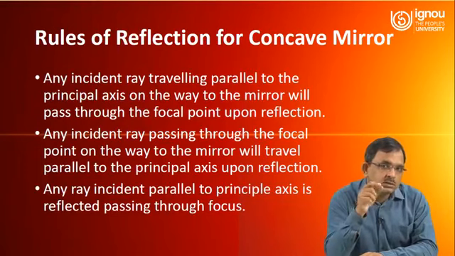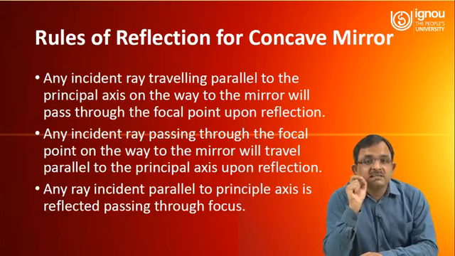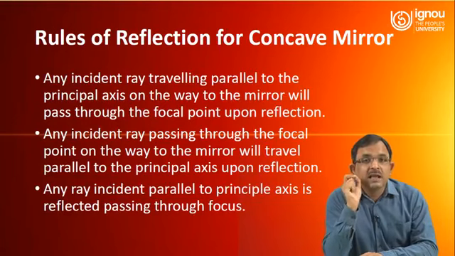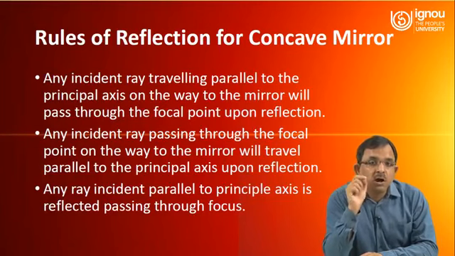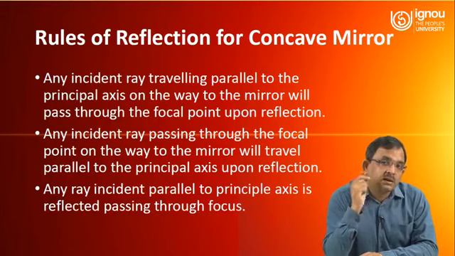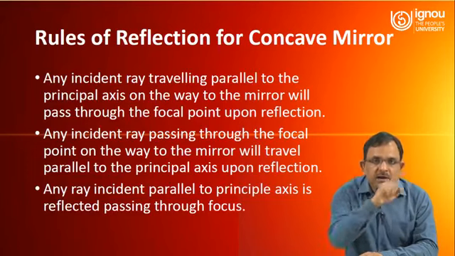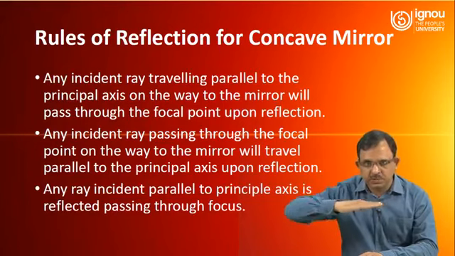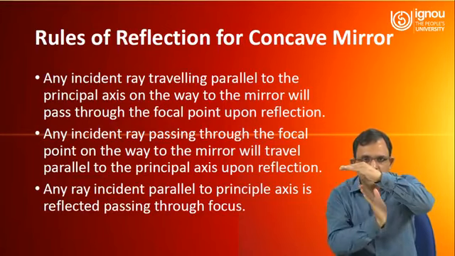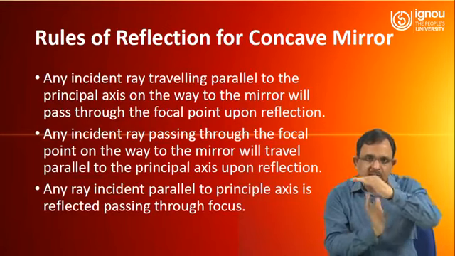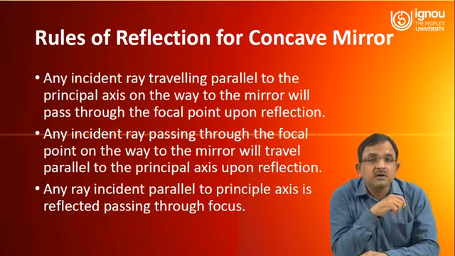What are the rules? Any incident ray traveling parallel to the principal axis on the way to the mirror will pass through its focal point after reflection. So if a ray is traveling parallel to the principal axis, when it returns, it will cross the principal axis at a point, and that point is called the focal point.